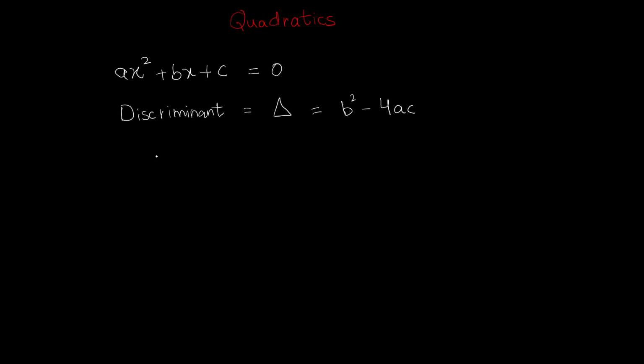If discriminant is equal to 0, that means you have the same roots twice and they are real.